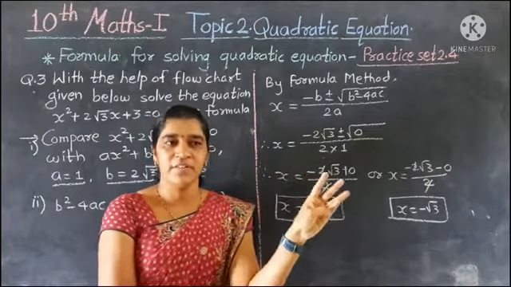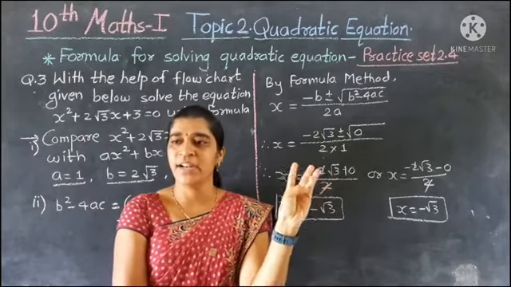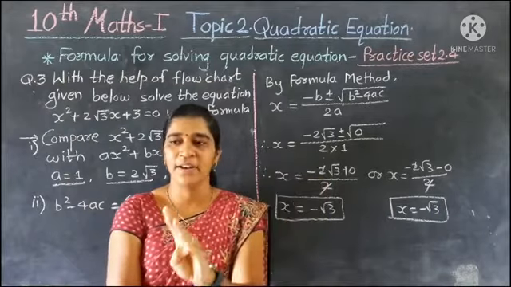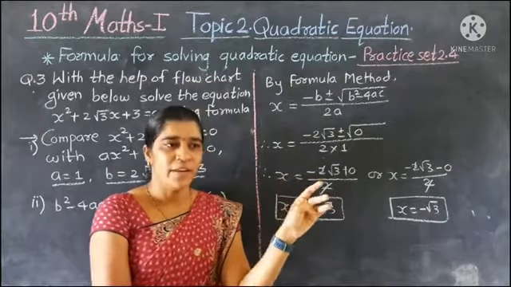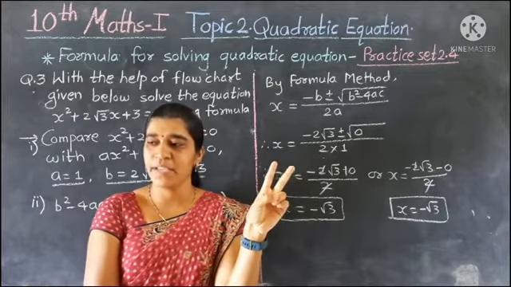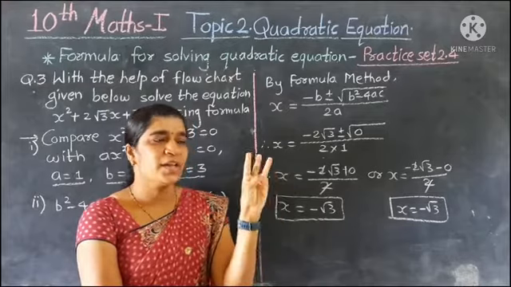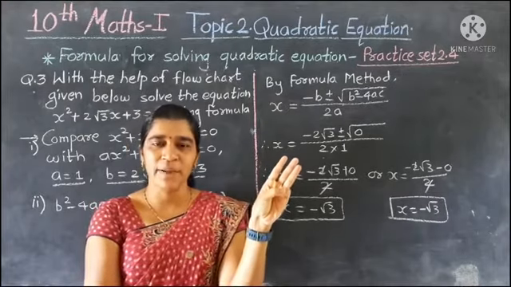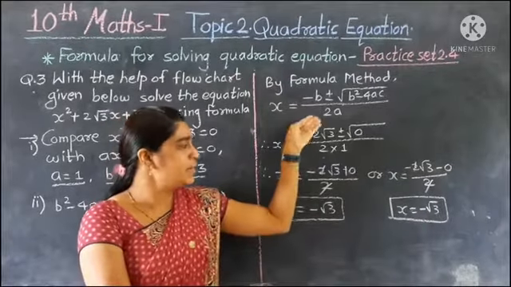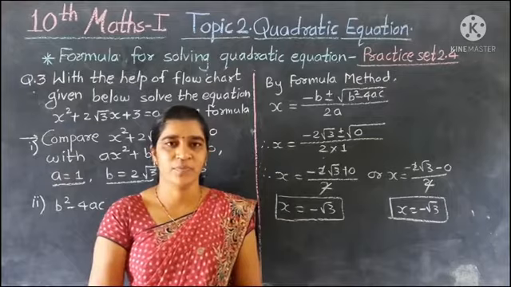First, write the given equation in standard form. Observe whether it is in standard form or not. If not, make it standard form. Then compare with ax square plus bx plus c is equal to 0 and find the values of a, b, c. Third, find b square minus 4ac. And then the last step, write the formula, substitute, and you get the roots of that equation.